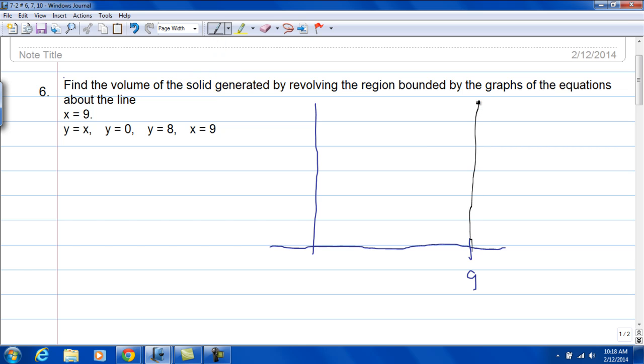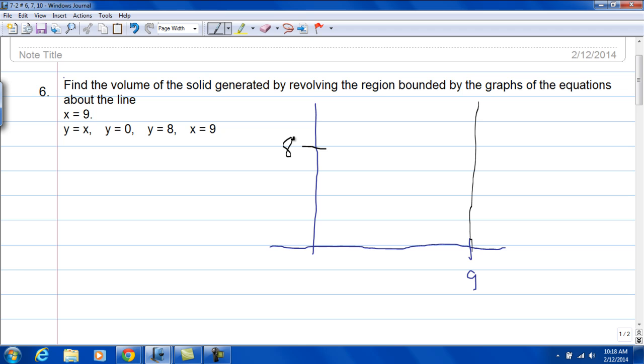I'm going to go around this line here. What do we have? We have y equals x, so y equals 0. y equals 0 is just the x-axis. y equals 8. I'll call this 8 here. And then x equals 9.